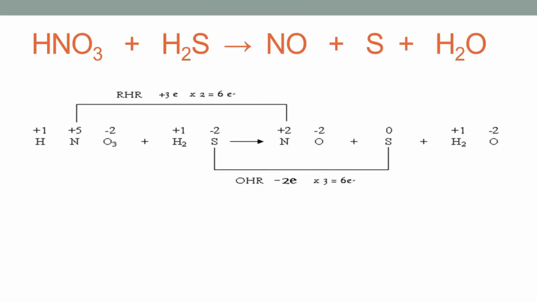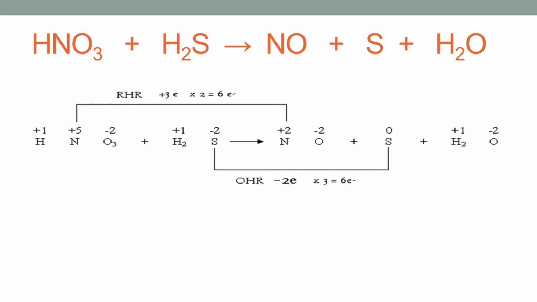So here is an example. HNO3 reacts with hydrogen sulfide to form nitric oxide, sulfur and water. First we determine the oxidation number of nitrogen in nitric acid. It's +5. In the product side, nitrogen changes into NO, where the oxidation number is +2. What it implies is the oxidation number decreases from +5 to +2.